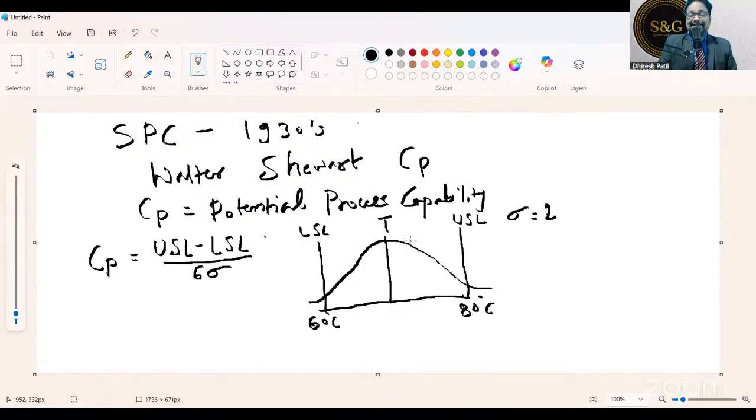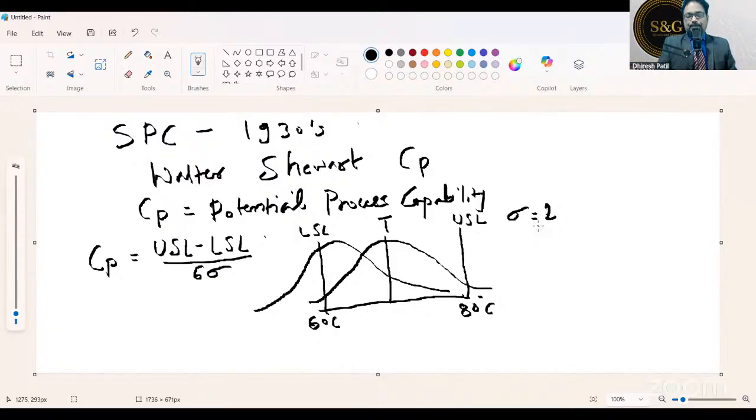Okay, now the same process. The same process with the same sigma has shifted a little bit. Now let me draw here. The standard deviation is 2 only. Only the process has completely shifted. The average has completely shifted. Are you understanding this?